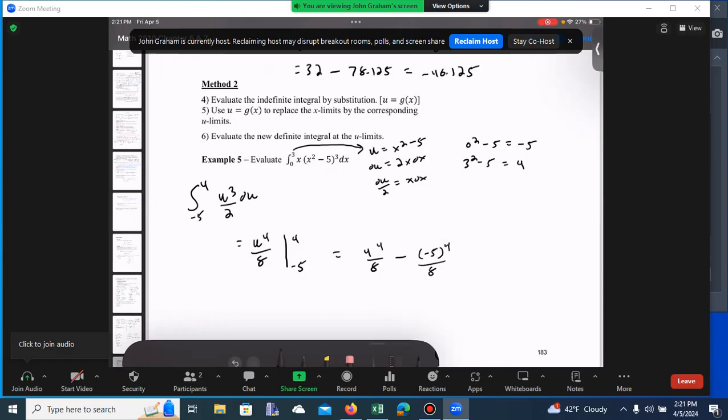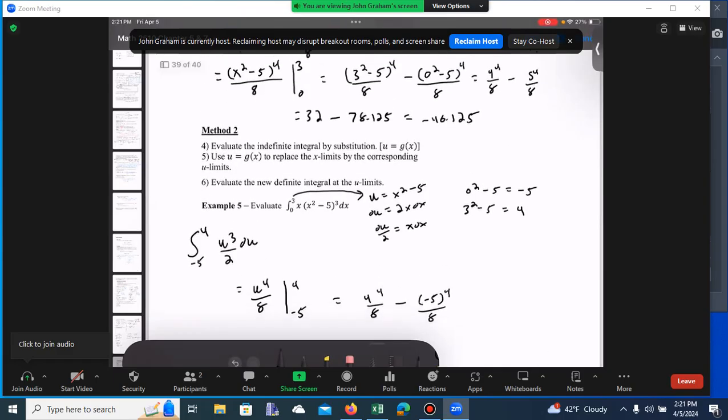Now the thing to realize is that negative 5 to the 4th, you have an even power, so the negative still becomes positive. So this becomes exactly the same as in the first part. So this is still going to equal negative 46.125.